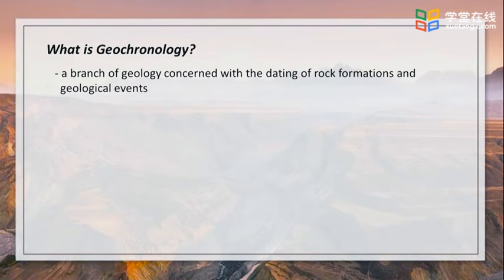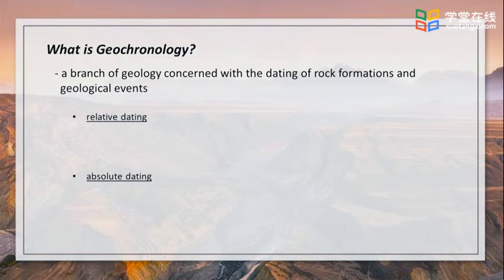What is geochronology? Geochronology is a branch of geology concerned with the dating of rock formations and geological events. A distinction is made between relative and absolute geochronology, or dating.